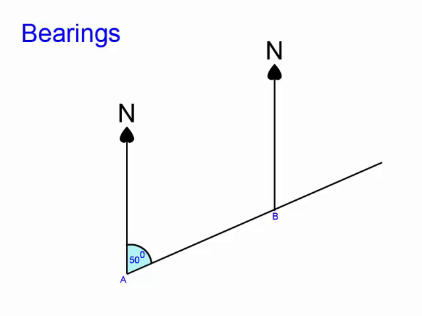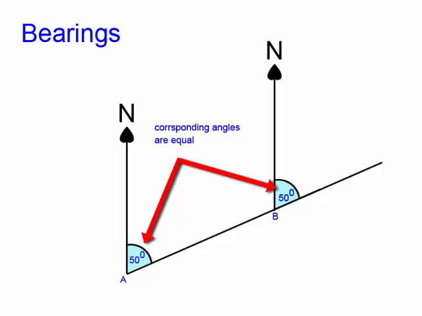In this example, we want to calculate the bearing of A from B. So once again, we are at position B looking towards position A and want to calculate the bearing. Again, the angle properties of parallel lines tell us the corresponding angles are equal. Remember, all angles on a straight line total 180 degrees. We can see that this angle is worth 180 degrees.